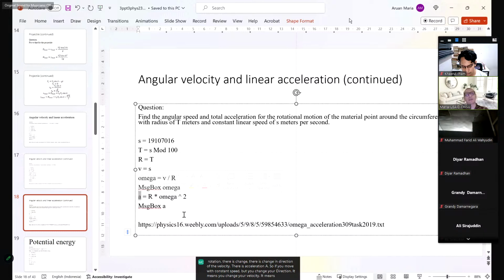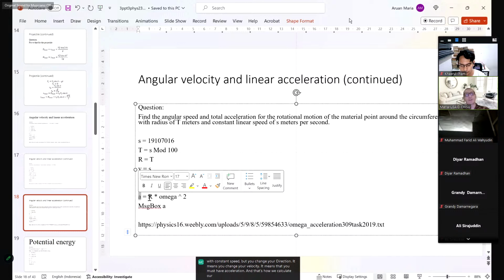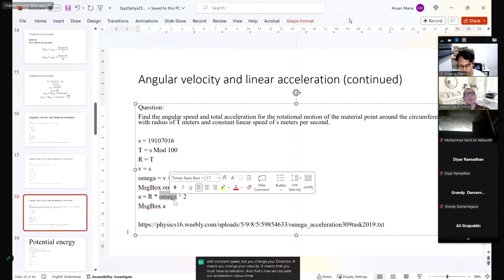It means that you must have acceleration. And that's how we calculate our acceleration: radius times the angular velocity squared. And we find angular velocity by dividing our linear speed by the radius. Okay?